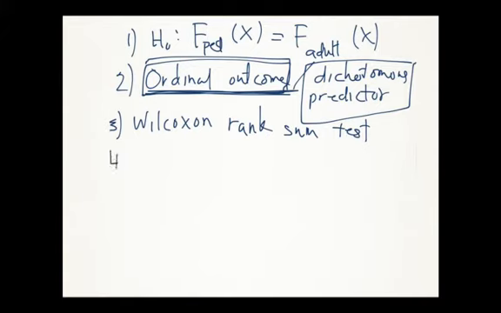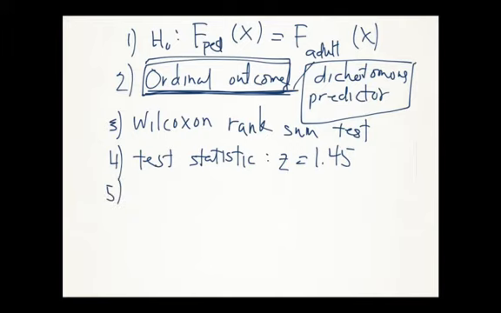And then we use Stata to give us the test statistic. So the test statistic in this case is z equals 1.45. The corresponding p-value from Stata, again, the computer calculates all this for us, so we don't have to worry too much about it, is 0.15.